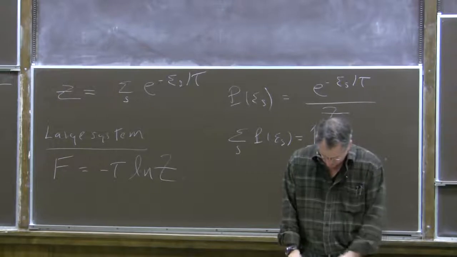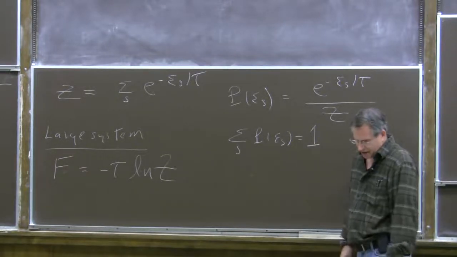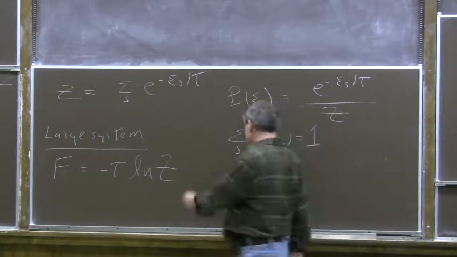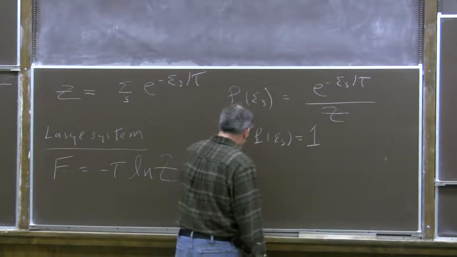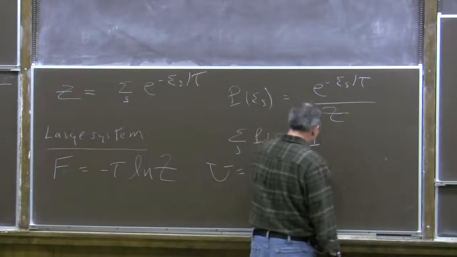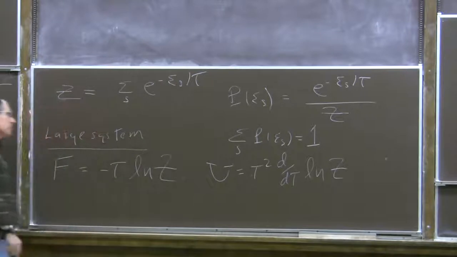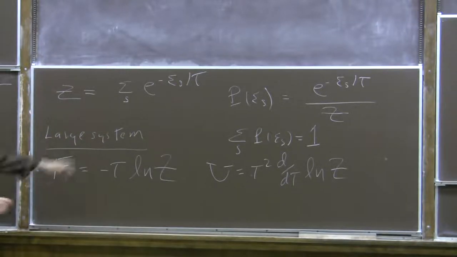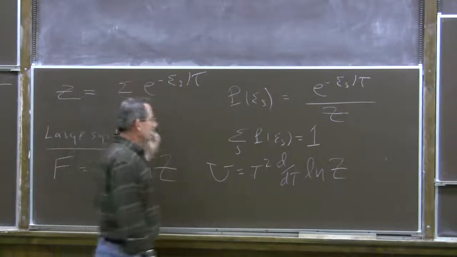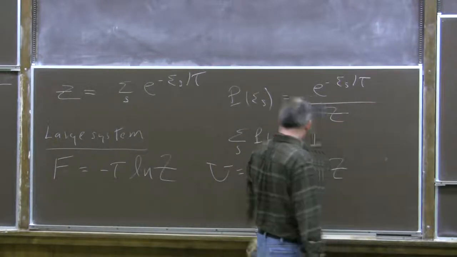Pretty sure we did that. We can write the average energy as tau squared d d tau log Z. That is, if we differentiate with respect to tau inside the summation, it brings down a factor of 1 over tau squared times the energy, weighting the Boltzmann factor.